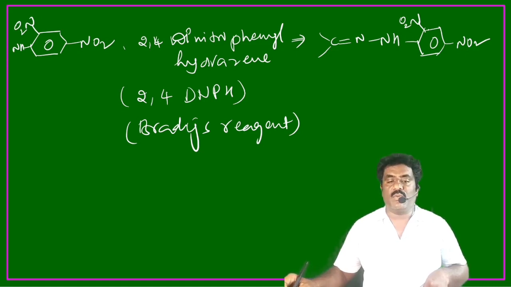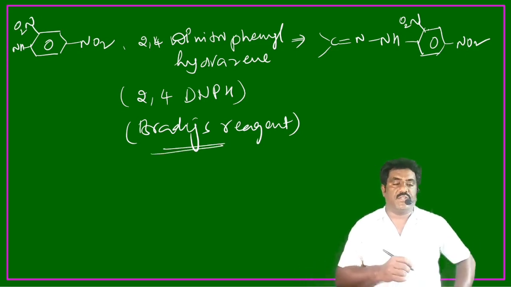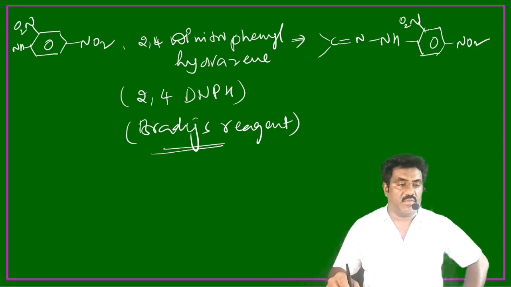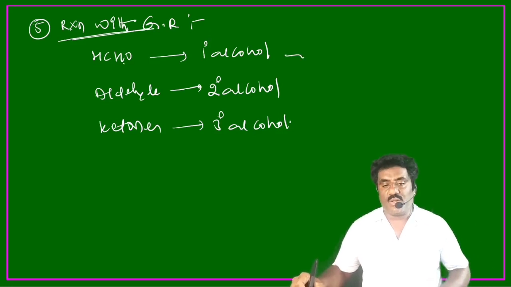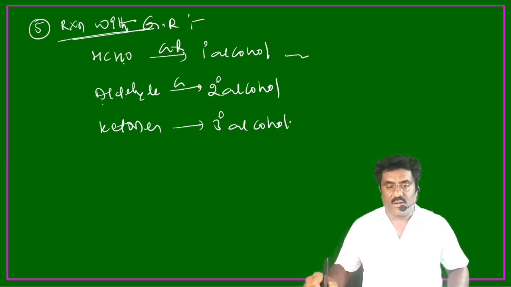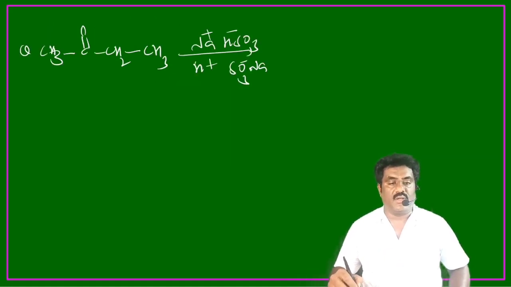It is Brady's reagent. Have a look at the reaction with the Grignard reagent. Formaldehyde with the Grignard reagent gives a primary alcohol. Aldehydes with the Grignard reagent give a secondary alcohol. Ketones in the presence of the Grignard reagent give a tertiary alcohol. Yes. Have a look at the question.